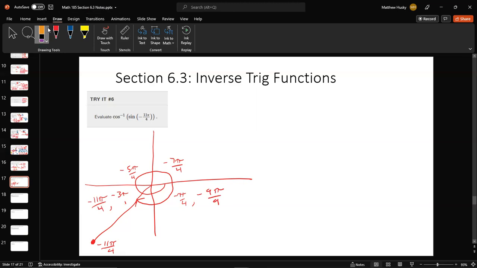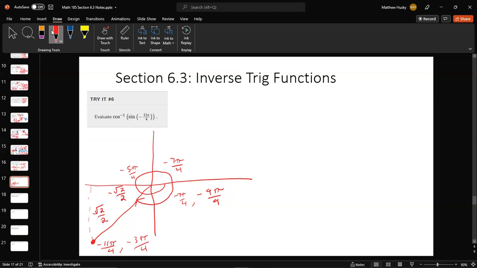So let's see, what is this going to be? This is negative 3 pi over 4. So this is negative root 2 over 2, and this is also negative root 2 over 2. Anything over 4 is going to be a root 2 over 2.